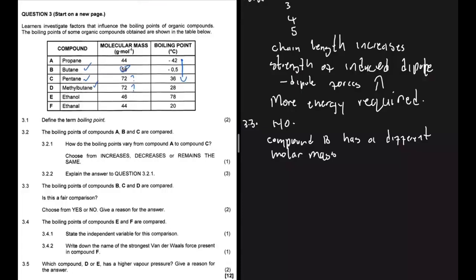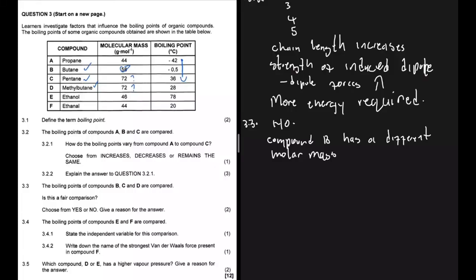We're not supposed to change the control, which we need the molecular mass to be. So if we were comparing only C and D, then that would be fine because they have the same molecular mass. Or if we were comparing A and F, but as for B, it has a different molar mass, so it's not a fair comparison.